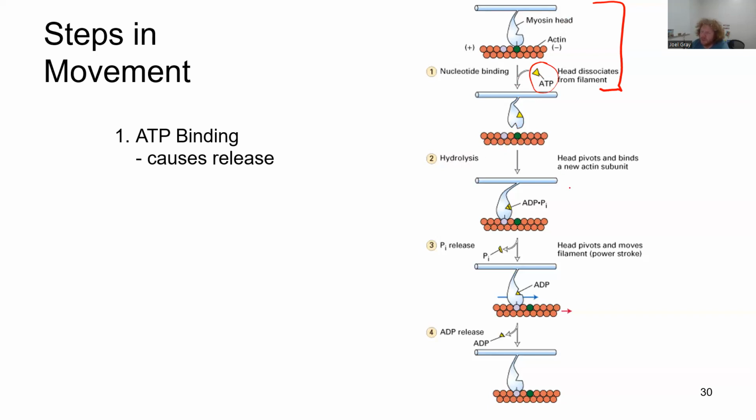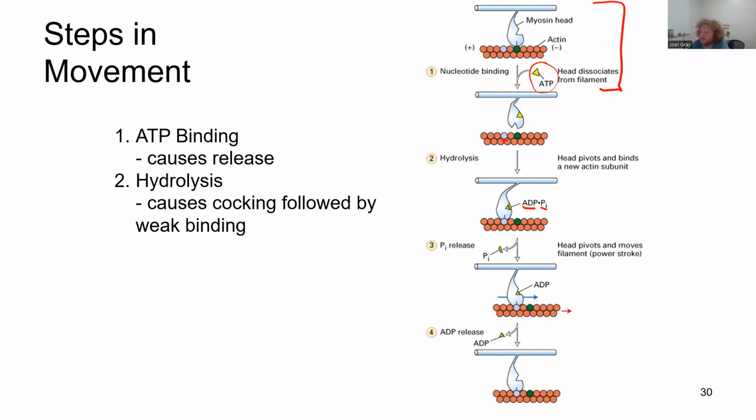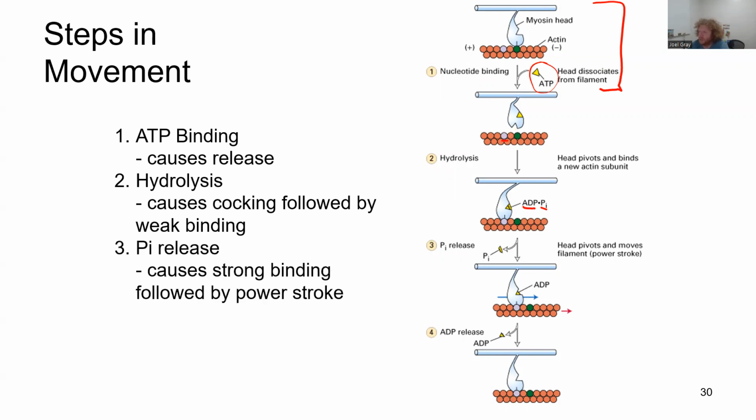As soon as that release takes place, actin and myosin at that particular location are not interacting. What's going to happen next is that ATP is going to be hydrolyzed into ADP and Pi, or inorganic phosphate. That head group is going to move and find a new actin subunit to bind to. So it's going to adjust, and it's going to release the inorganic phosphate as it binds to this new actin filament.